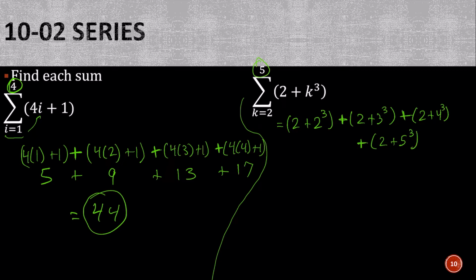Notice we stopped when we've plugged in a 5, not when we put 5 terms. We only have 4 terms here. But you stop when you plug in the upper limit, the 5 in this case.